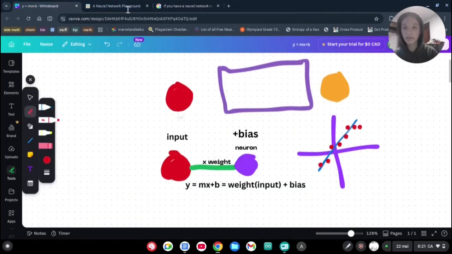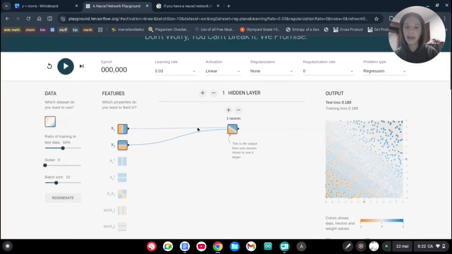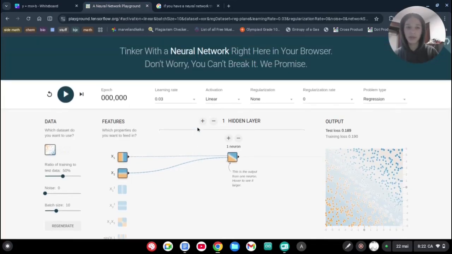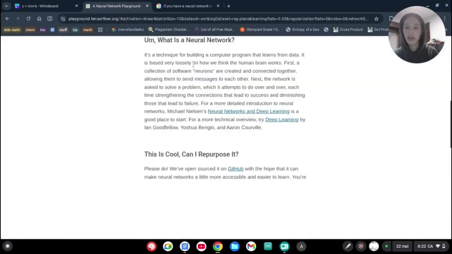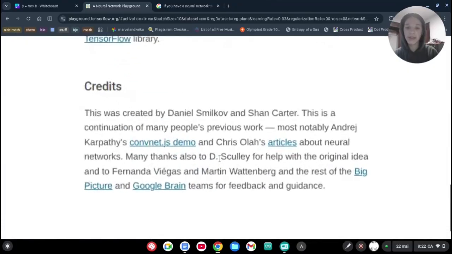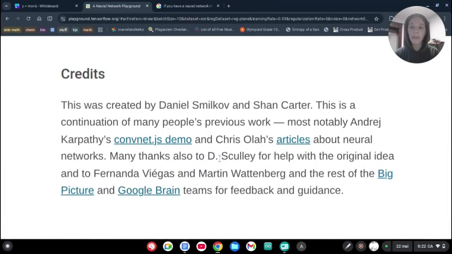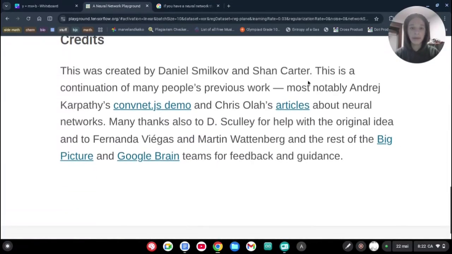But before we get into that, it's an interesting website. I think the credit goes to Daniel Smilkov and Shan Carter. Many people worked on it, Andrej Karpathy and Chris Olah.